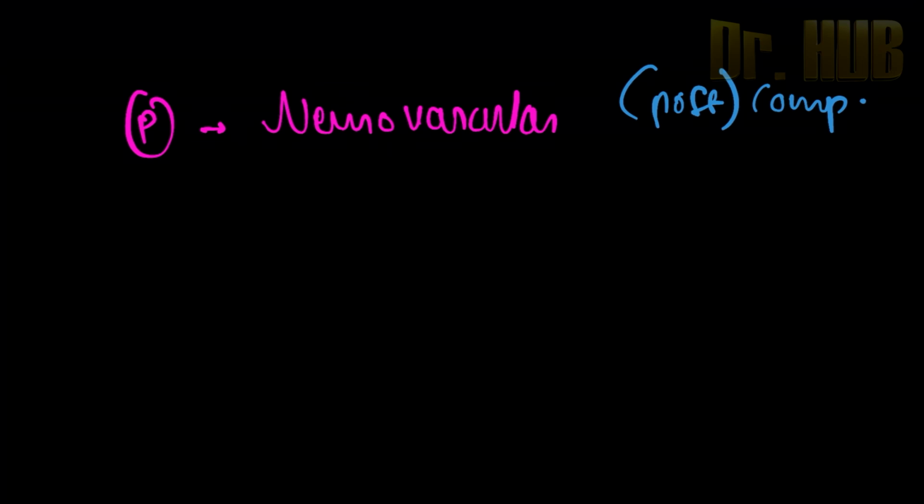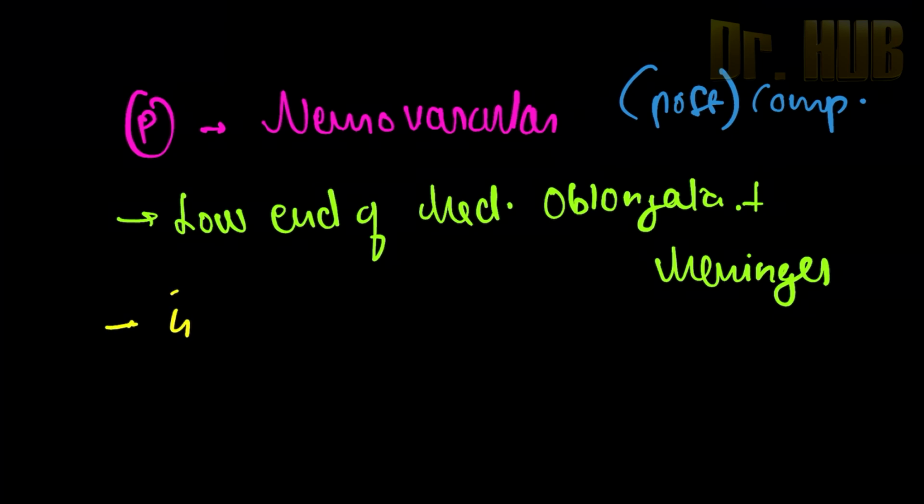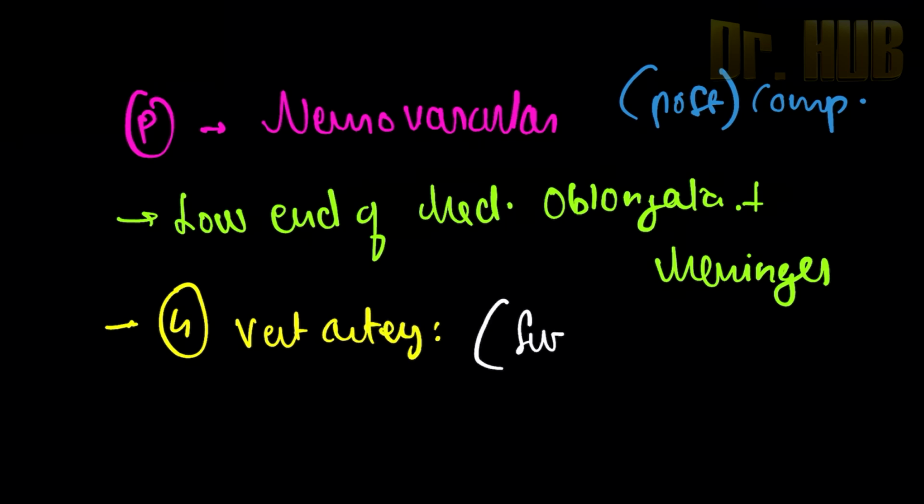So this includes the lower end of the medulla oblongata along with the meninges. Then comes the fourth part of the vertebral artery. This vertebral artery is surrounded by the sympathetic plexus of nerves.